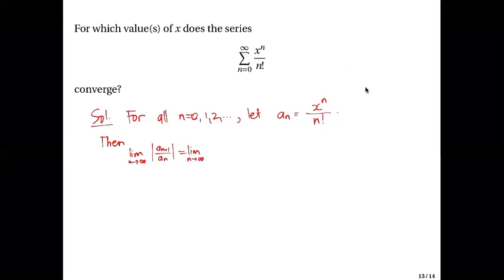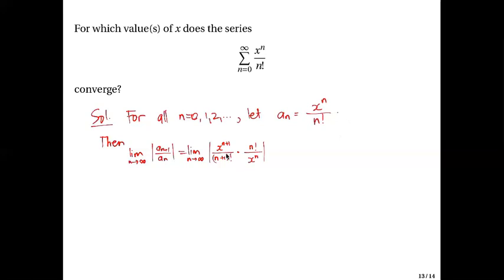For a sub n plus 1, you have x to the n plus 1 divided by n plus 1 factorial, times, for a sub n which is in the denominator, we take the reciprocal: n factorial over x to the n.